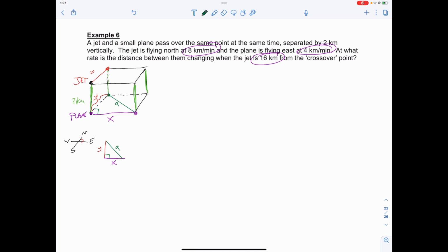Now, this is telling us the change in the total distance traveled of the jet, the change in the total distance traveled of the plane, and what the distance is from where the plane finishes to 2 kilometers below where the jet finishes. But we want to know the actual distance between these two things, which means that we need to connect from where the jet actually finishes to where the plane actually finishes, and then suddenly we've created another right angle triangle.